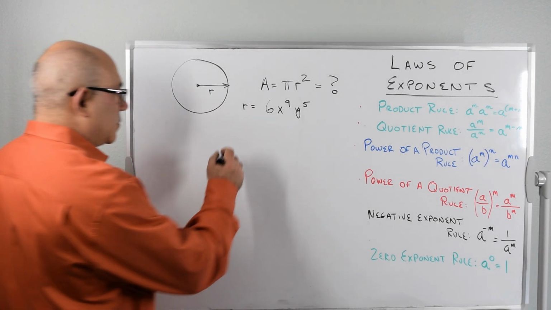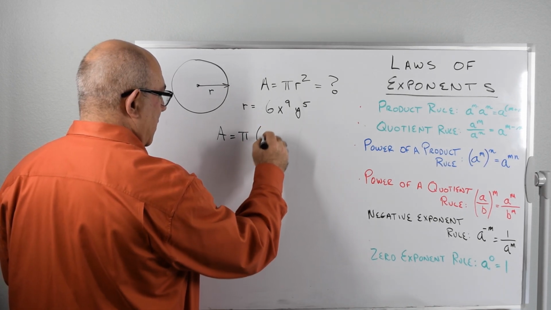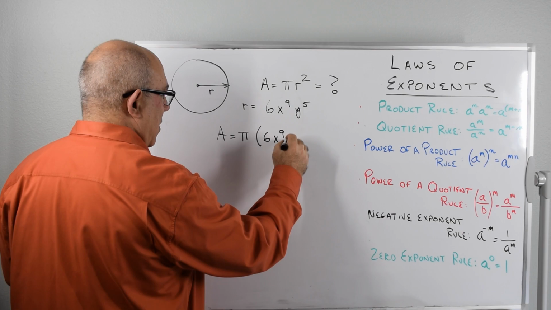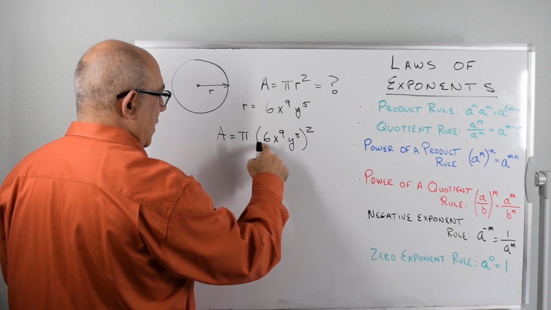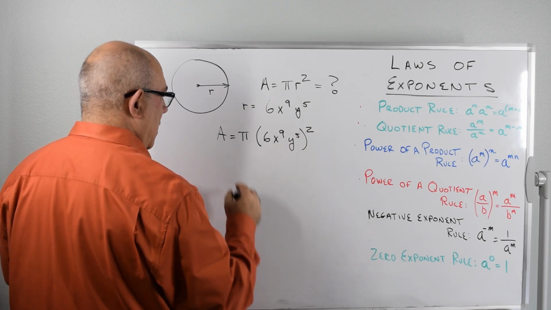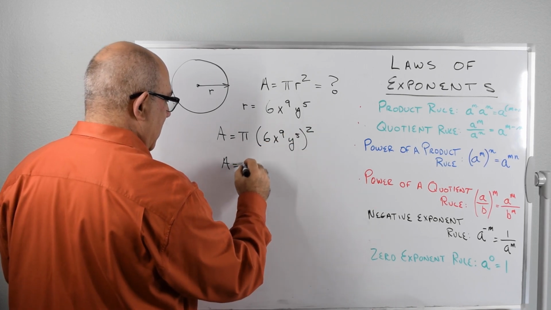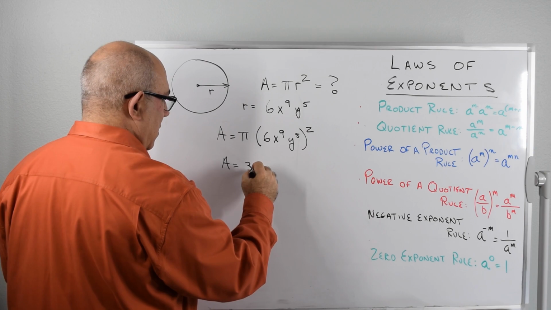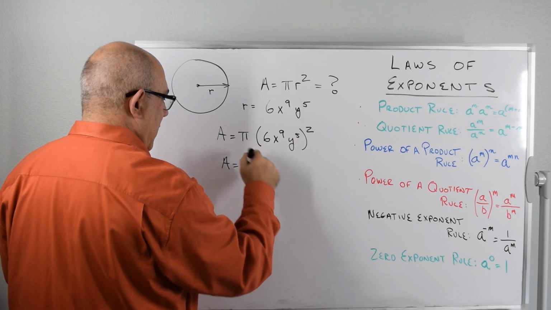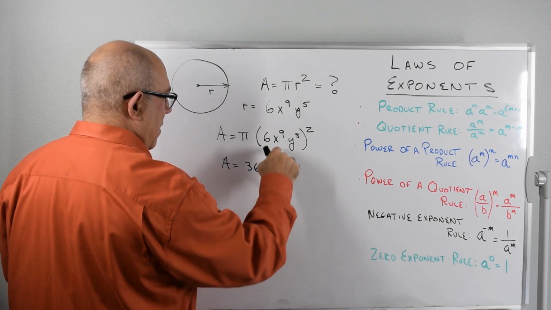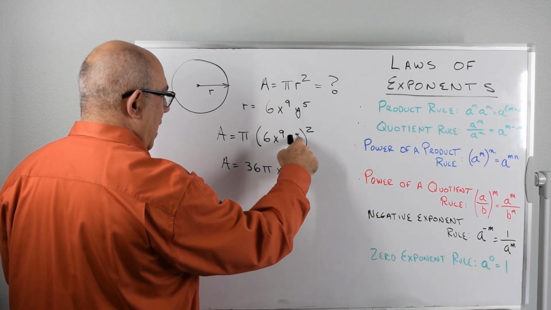So let's try it. A equals pi times 6x to the 9th, y to the 5th, squared. In this case, we have to multiply every term by 2. So we have A equals 36, because we have to square this one, and then we have pi, then x to the 18th and y to the 10th.